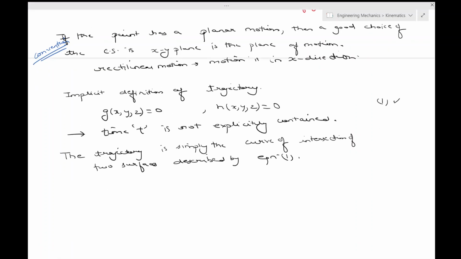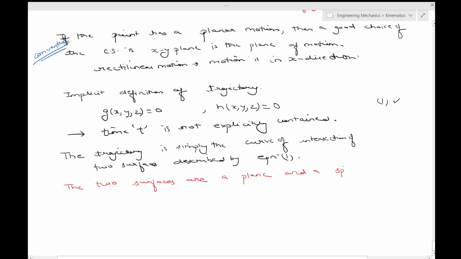So you can try to do this. If two surfaces are, say, a plane and a spherical surface, what would the trajectory be?